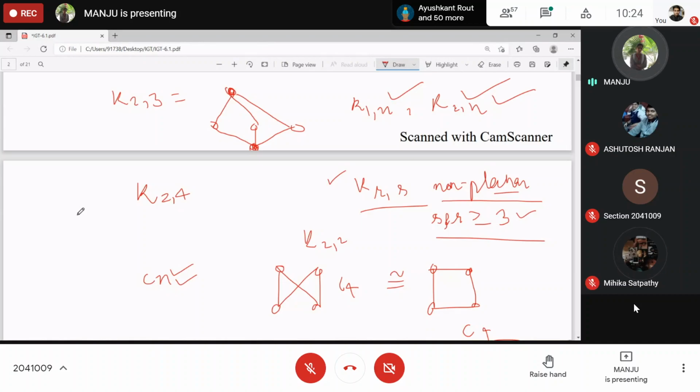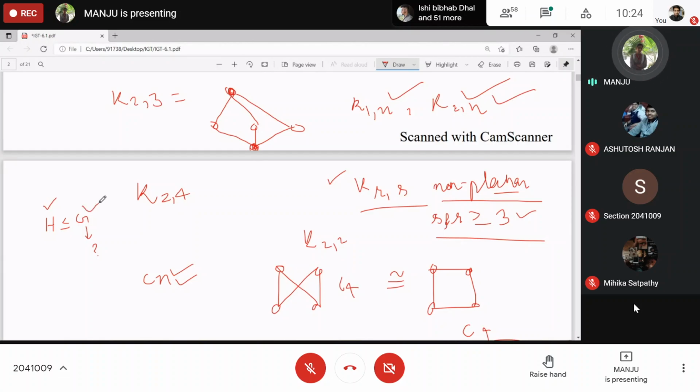If H is a planar graph, I'm giving you, and it is a subgraph of any other graph G, what can you say about G? No, ma'am, we cannot say. Can't say, right?